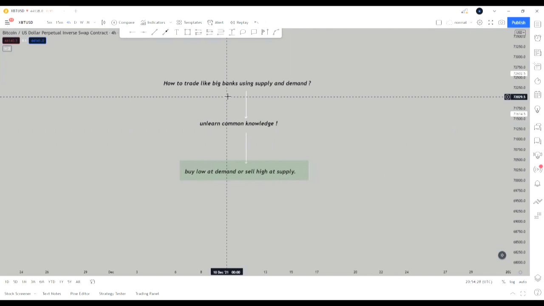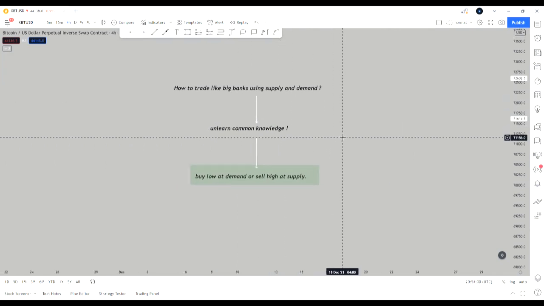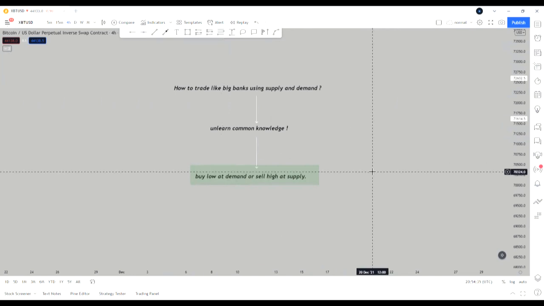Let's say you like a Gucci belt, and the Gucci belt is at $1,000, and you see the same belt at $500. Why wouldn't you buy that? And if you have a Gucci belt for 500 and the price goes up again to 1,000, 1,500, then maybe you want to sell your Gucci belt. And this is exactly what you have to do in trading.